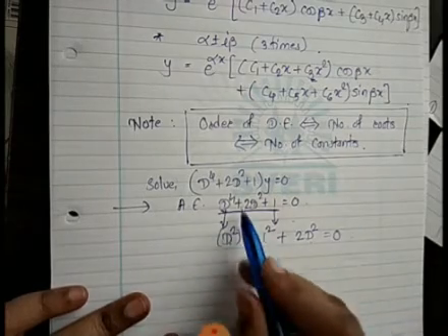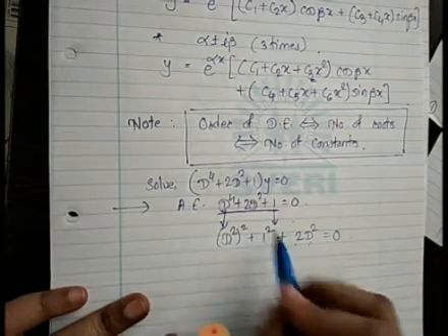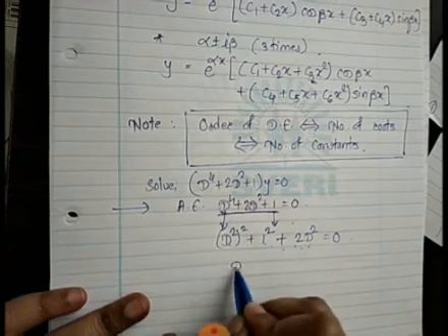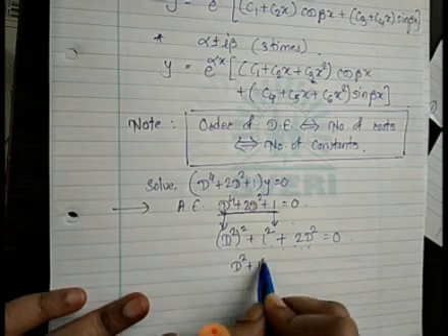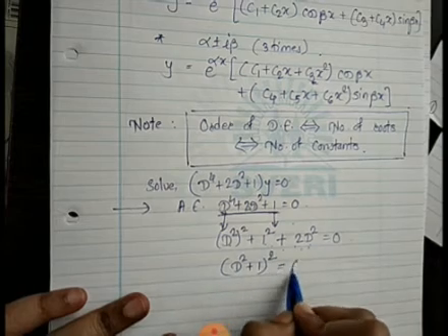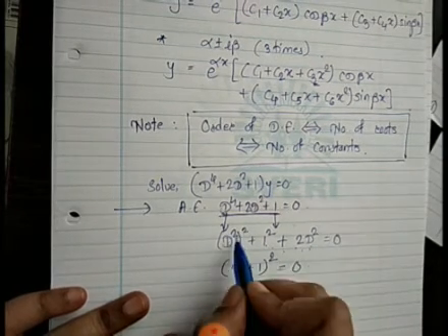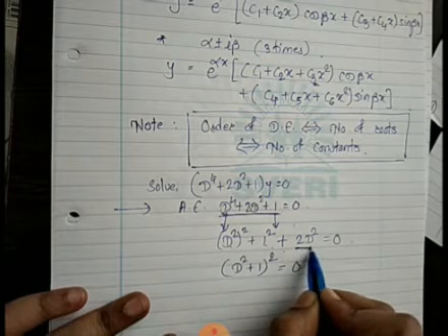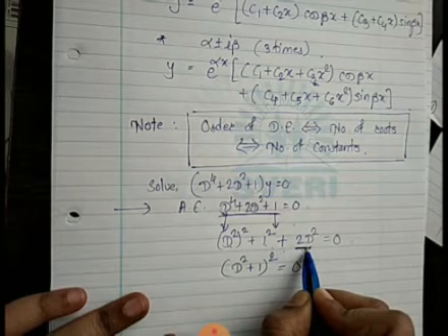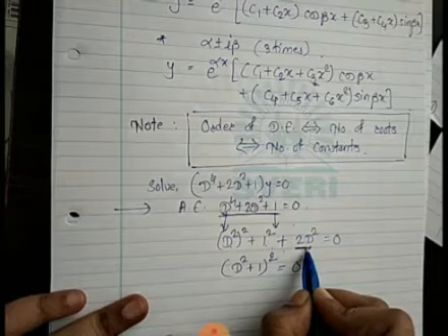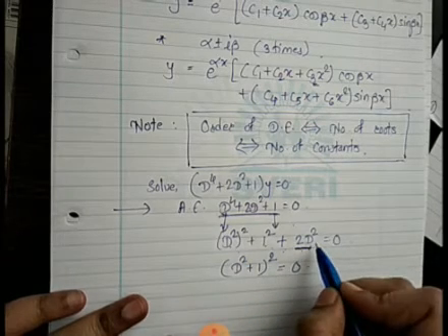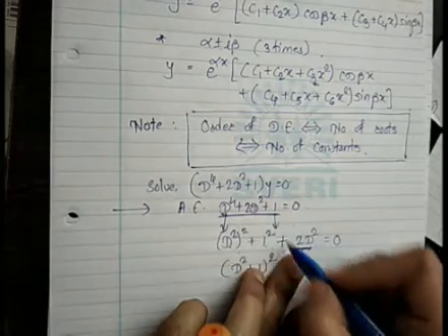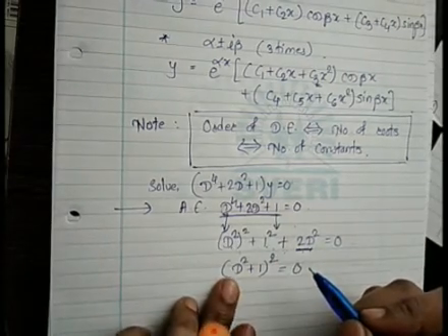But actually the term is similar to this. Both are same. So this is the square of D square plus 1 bracket square, as we have added plus 2ab. And if we check that both are same, that means this is the perfect square.